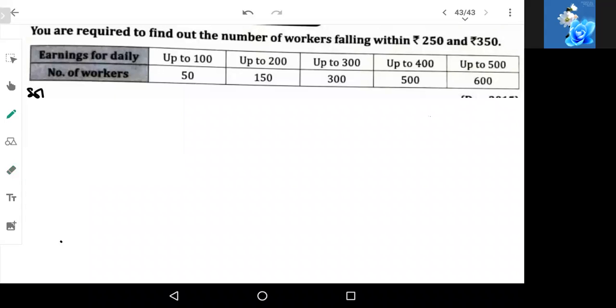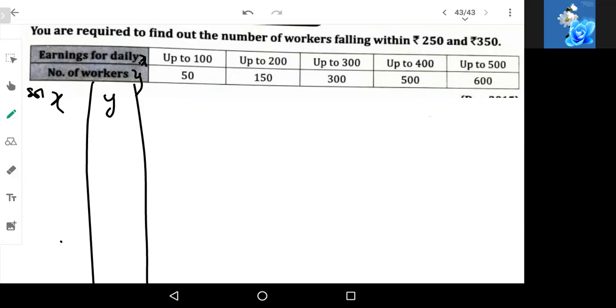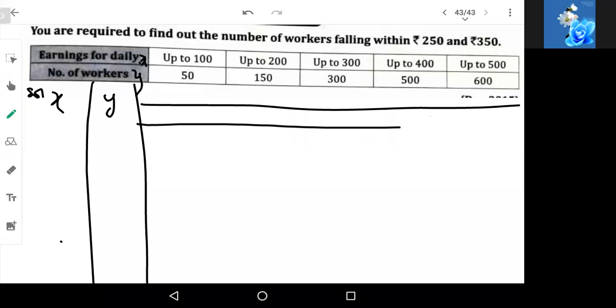Solution. Now let us take the first part as x and another as y. So x and y, and you have leading differences. Now let's write x and y, however it is given.